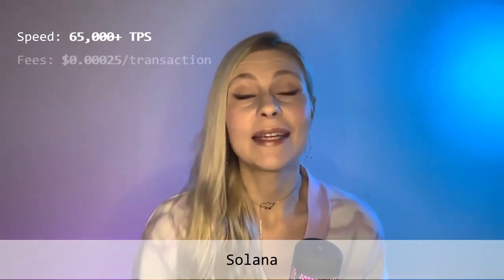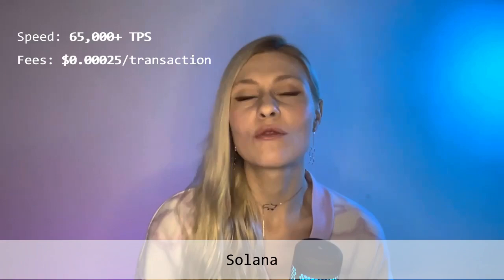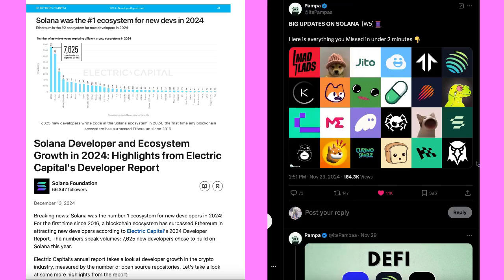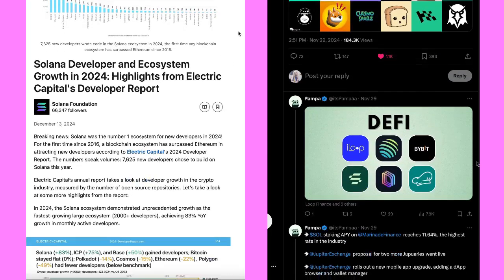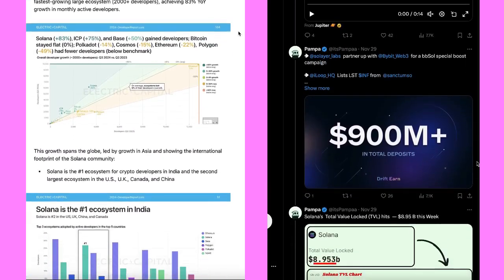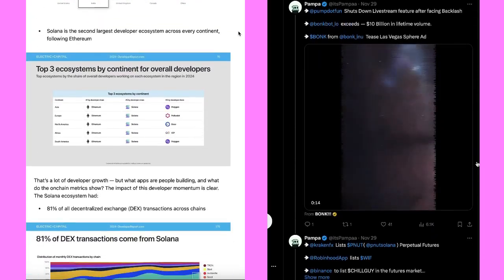Just think about it. Transaction fees are incredibly low, averaging at $0.00025 per transaction. Solana has millions of active users and a thriving ecosystem of projects, including DeFi platforms, NFT marketplaces, and gaming apps.